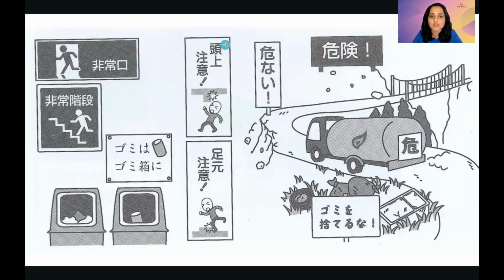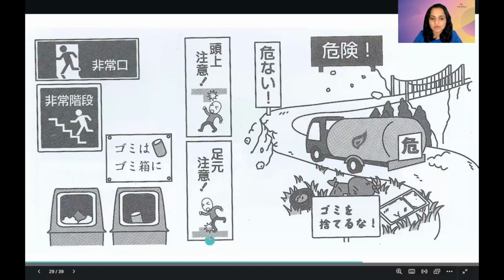This is zujo chui. Now, this is the kanji of head, atama. But this reads as zu in this word. Zujo chui. So, caution for overhead. You might get hurt, so be careful. Then ashimoto chui. Ashimoto, step.